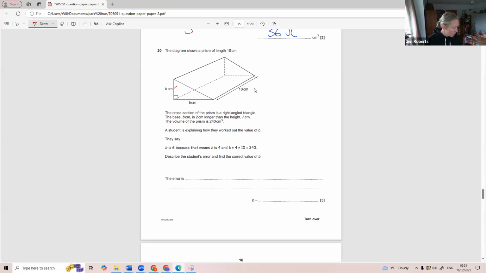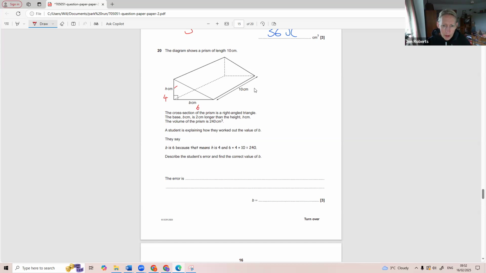Now let's have a look at this then. B is 6. This is what the student's saying, B equals 6, which means height's 4. The base is 2 centimetres longer than height, so that works, right? But then he's saying that the volume is 6 times 4 times 10.